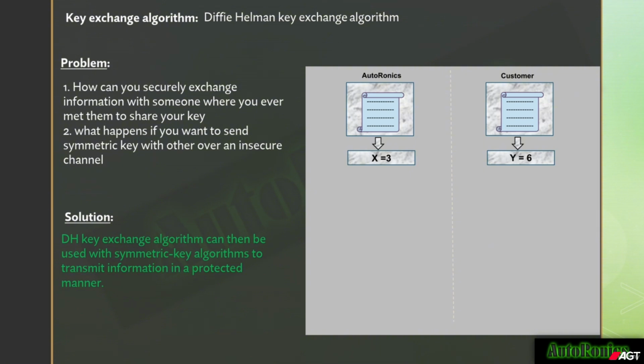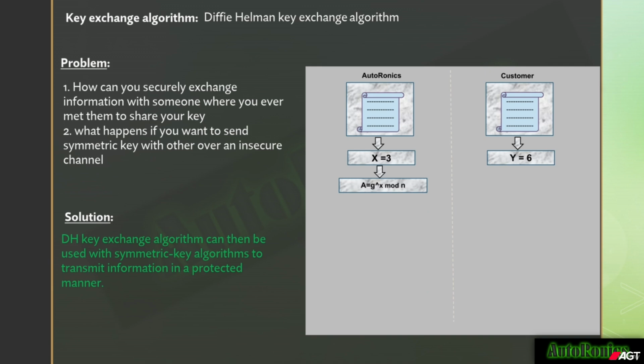In the most basic form of Diffie-Hellman exchange, Autronics and the customer mutually decide upon two numbers to start with, and these are modulo n and base g, as you can see in the formula. Modulo n is a very large prime number, whereas base g is relatively small for simplification of the calculation.